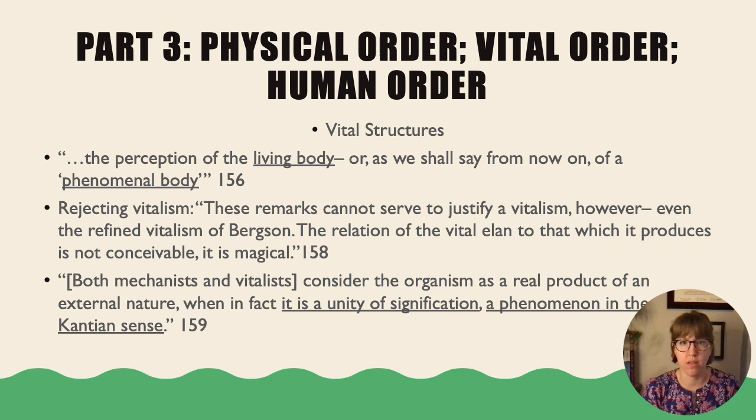So he says vitalism is not scientific enough, not precise enough, it is just this magical line of thinking, which is basically what Goldstein said as well. He says both mechanists and vitalists consider the organism as a real product of an external nature, when in fact it is a unity of signification, a phenomenon in the Kantian sense. So that's an important quote.